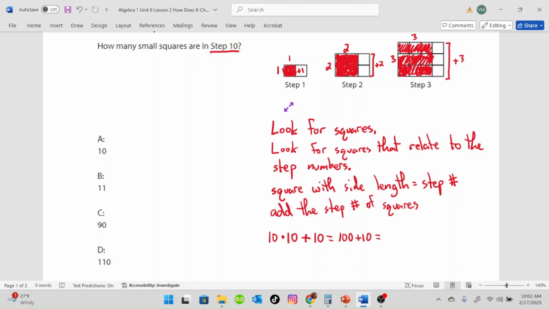And when we add those 10 additional squares to the big 10 by 10 square, then we end up with 110 small squares. And that means our answer is choice D.